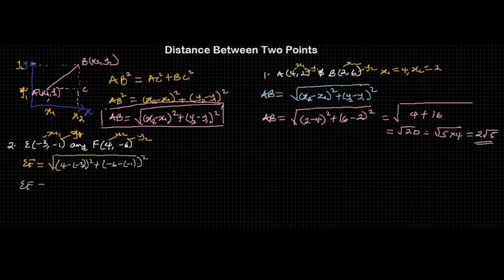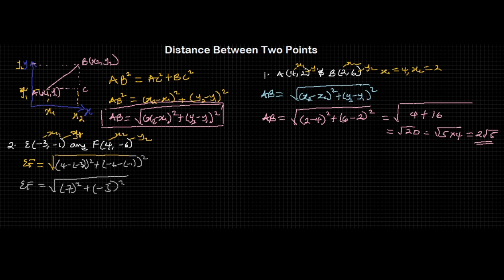So EF is going to be equal to square root of, this is going to give you plus, so you are going to have 7 squared here, plus, you are going to have plus 1 here, this is going to give you minus 5 squared.